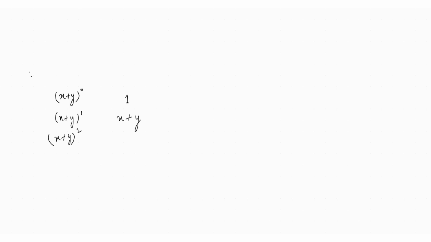This is the identity basically, and you have done this before. Tell me. I'm asking you to expand it. Expanded form, x squared plus y squared? No. x square plus y square plus 2xy. Square means you have to multiply x plus y with itself.